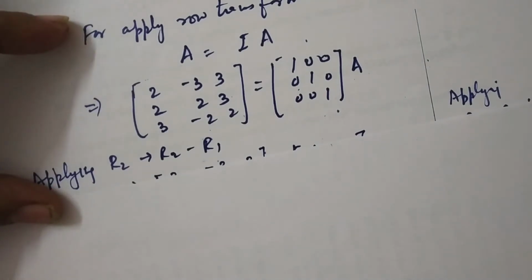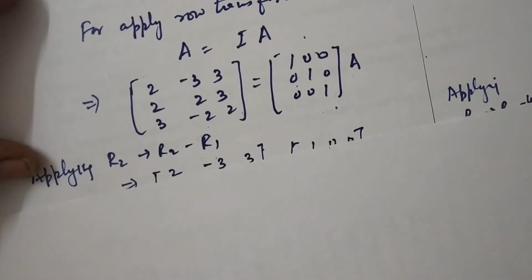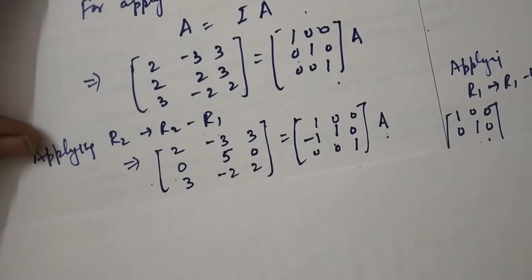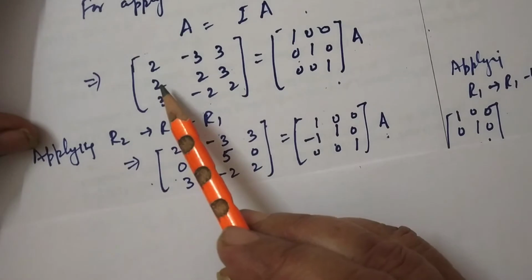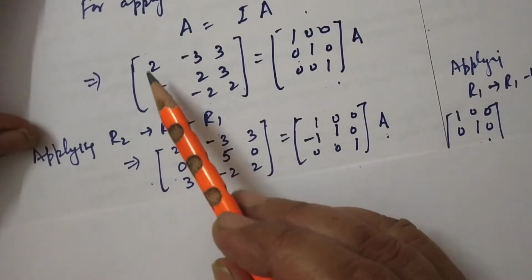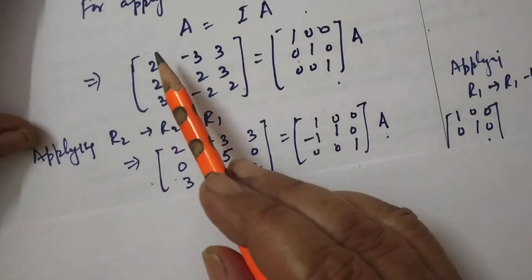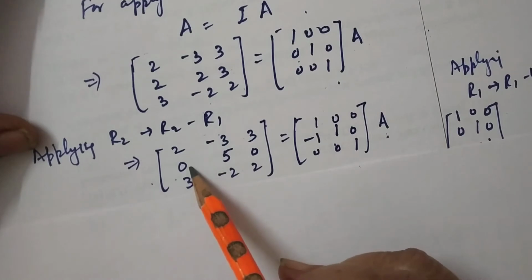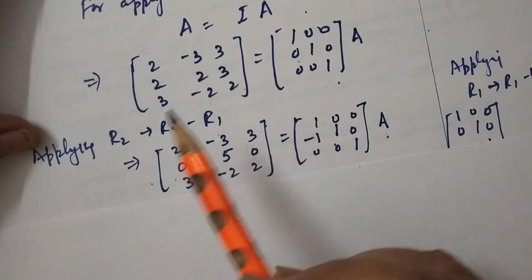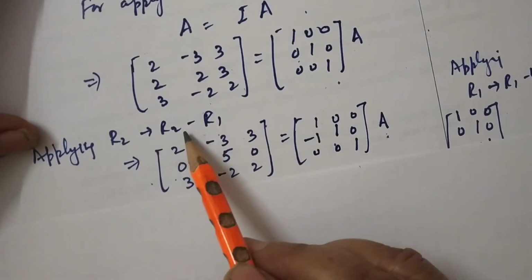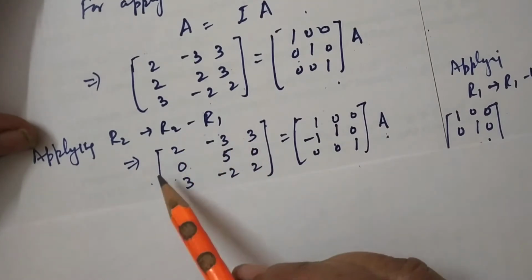The simplest way, the easiest target I could see here, is that if I subtract, R2 goes to R2 minus R1, I'll simply get 0, which I need to get here. So I applied R2 goes to R2 minus R1.